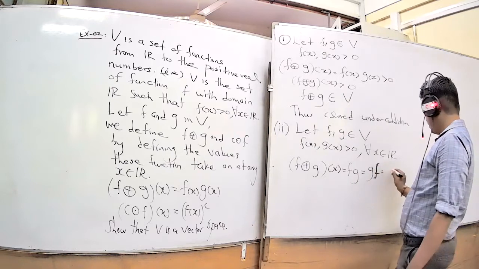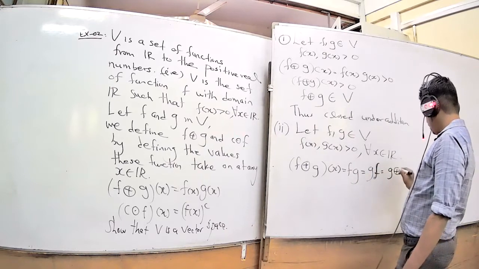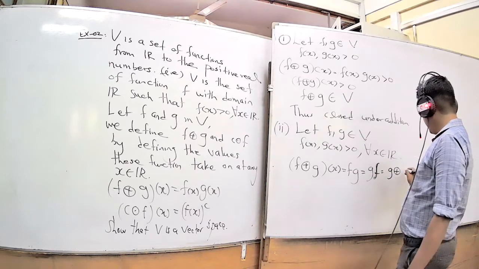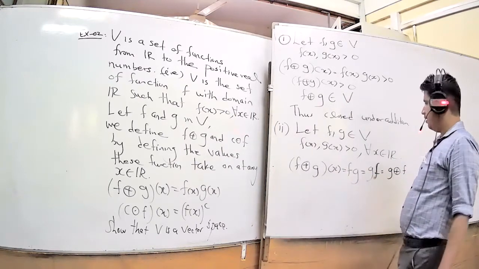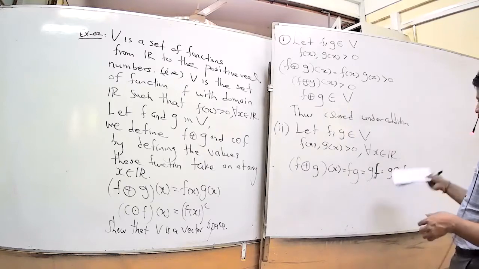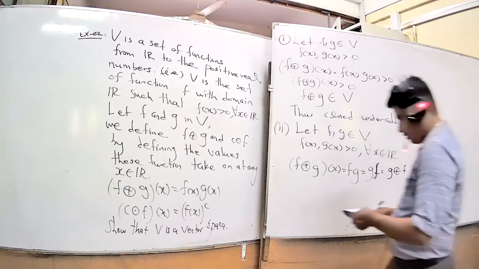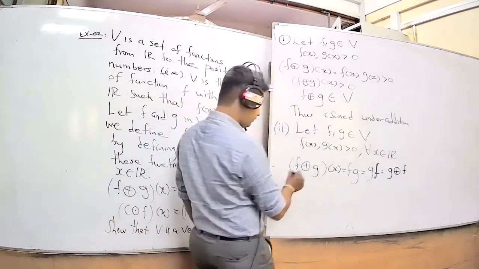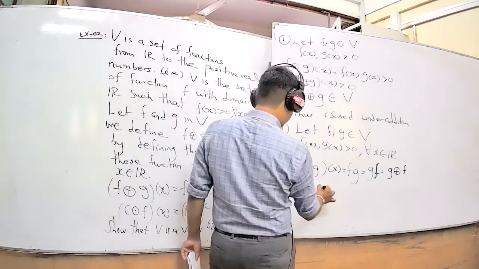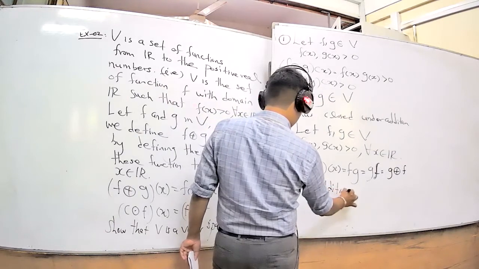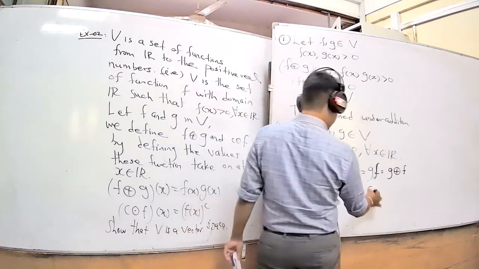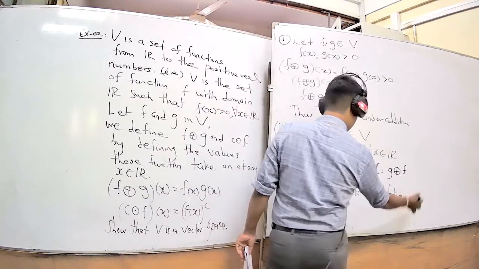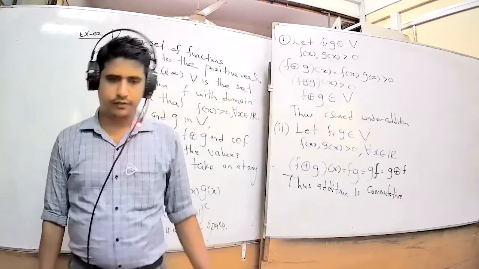But gf means g vector addition of f. This means addition is commutative. Thus addition is commutative.